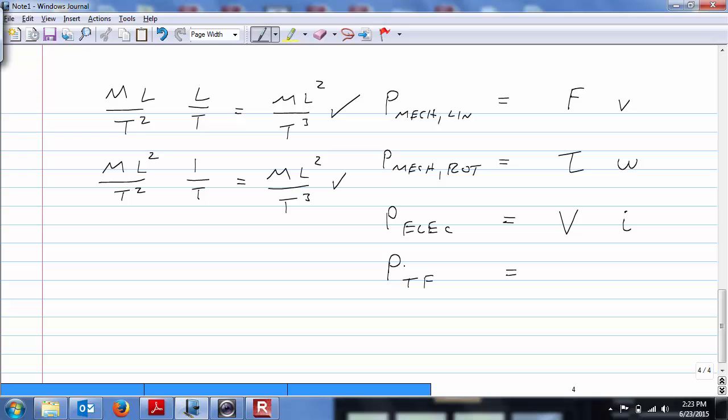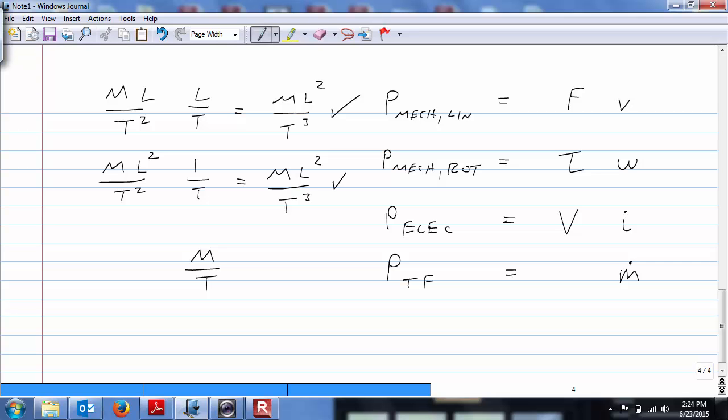So here in our power for thermal fluid, I know that part of what's driving the power through there is going to be how much mass is flowing through the thing. So right off the bat, I'm going to write m dot. Since I know that's my through variable, what's flowing through the system is hot fluid, I'm going to write that out like so: mass per unit time.